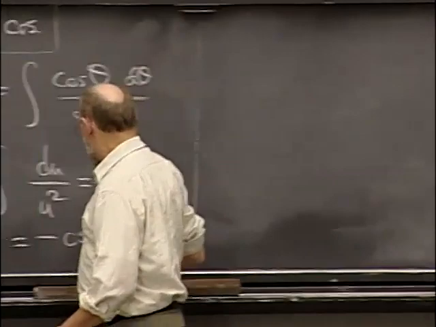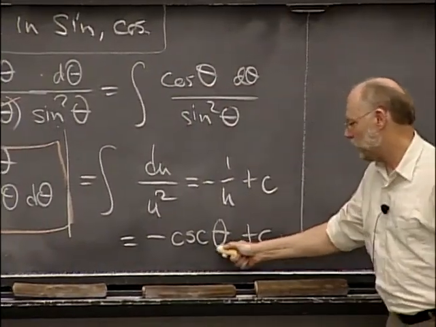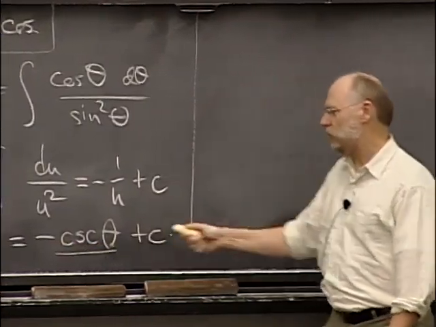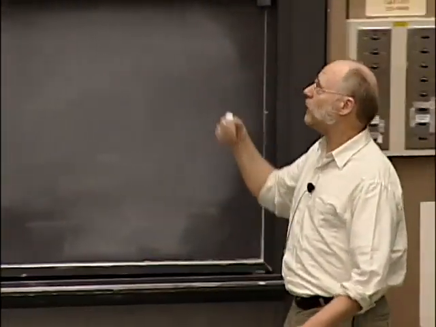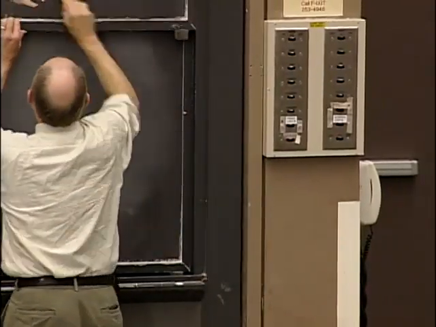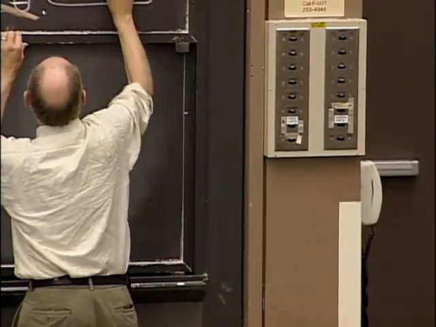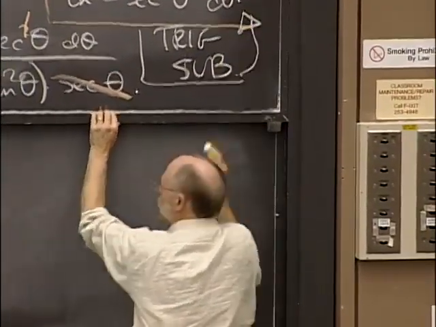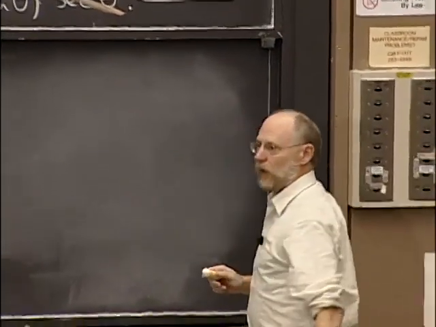So what I want to talk about right now is how to rewrite a trig term like this back in terms of x. So I want to undo this trig substitution. This is a trig sub, and I'll show you a general method for undoing trig substitutions.